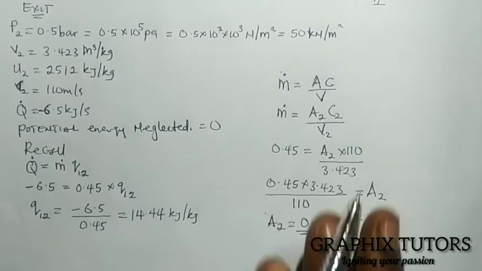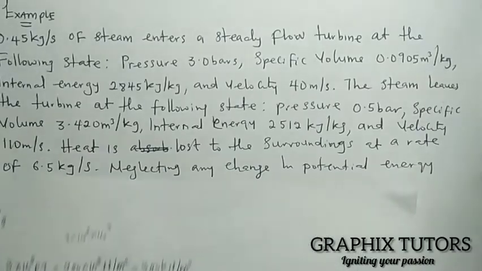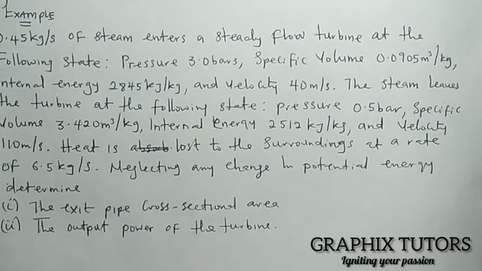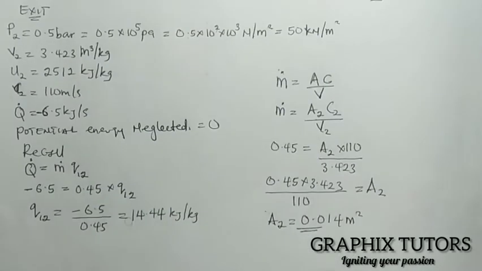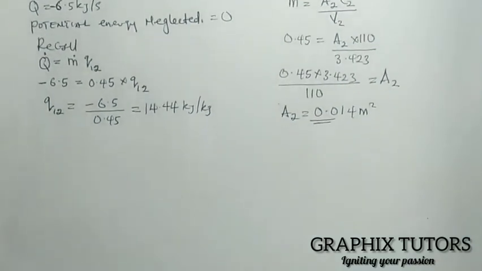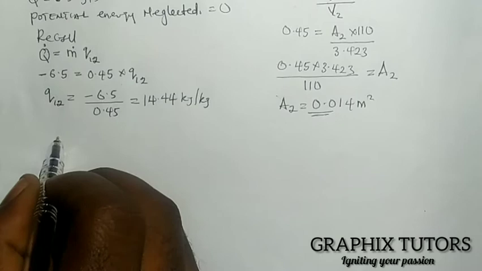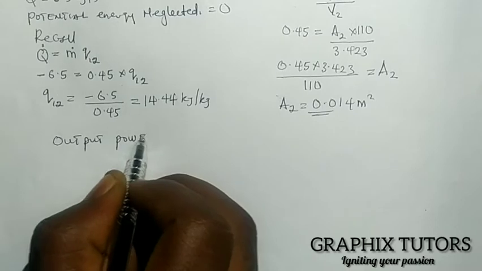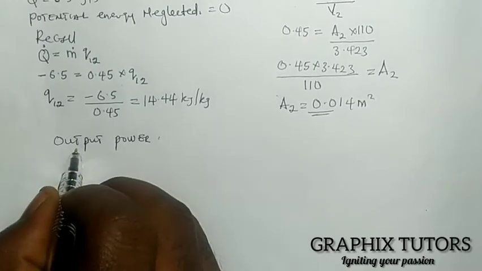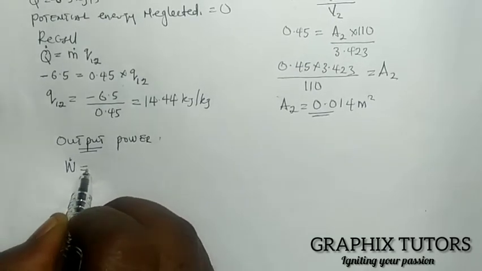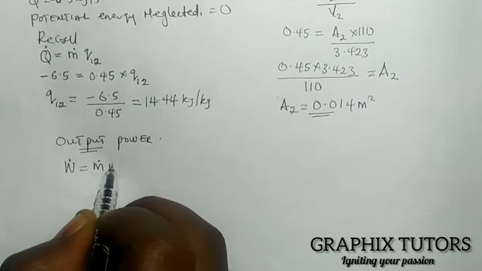Now for part 2, we are told to calculate the output power of the turbine. We know very well that the output power of the turbine is the work rate, which equals the mass flow rate times the work transfer.